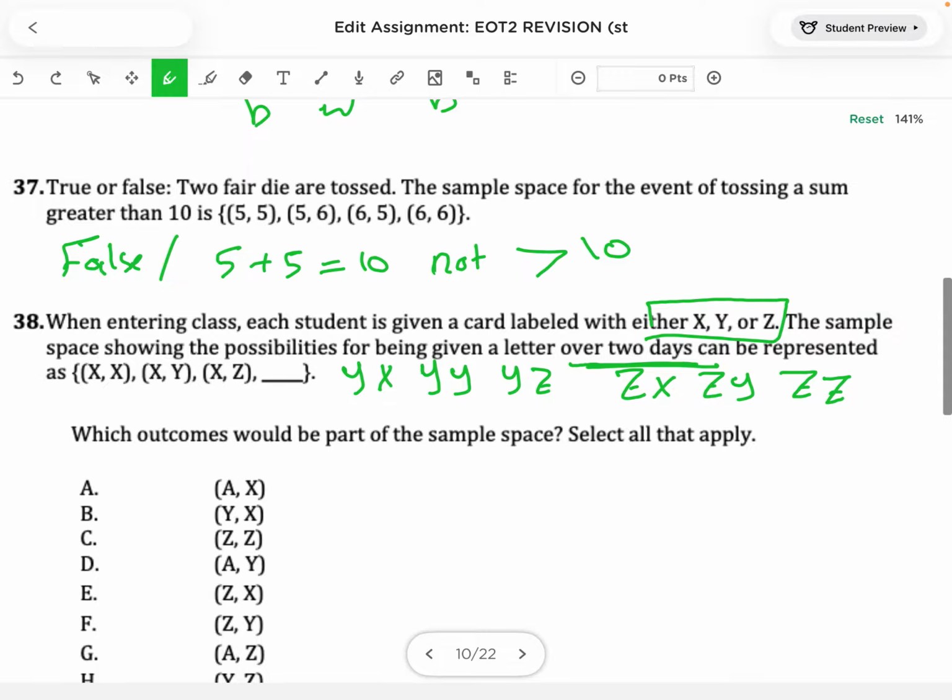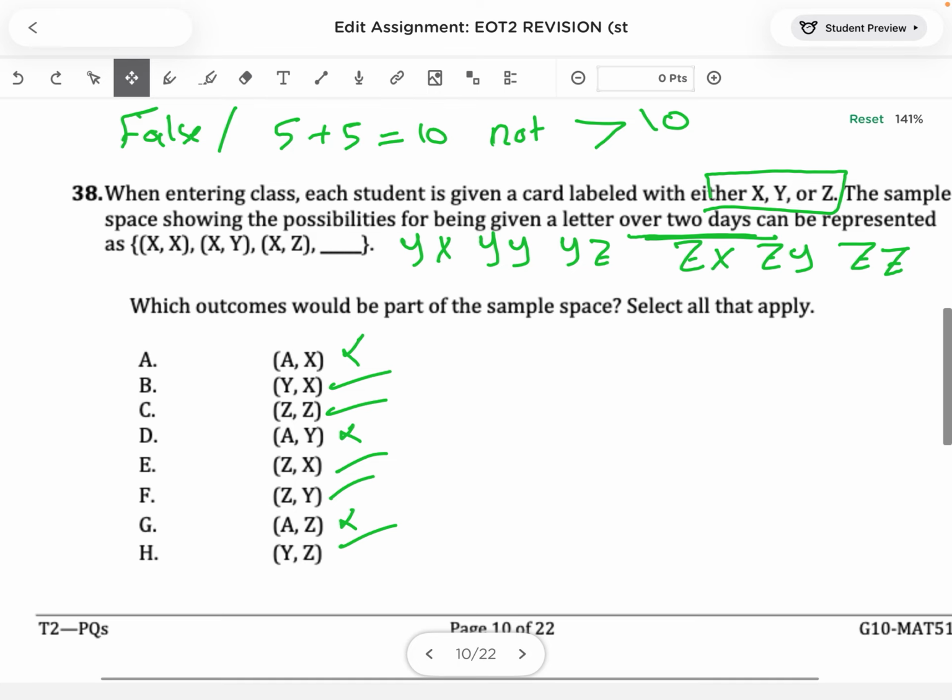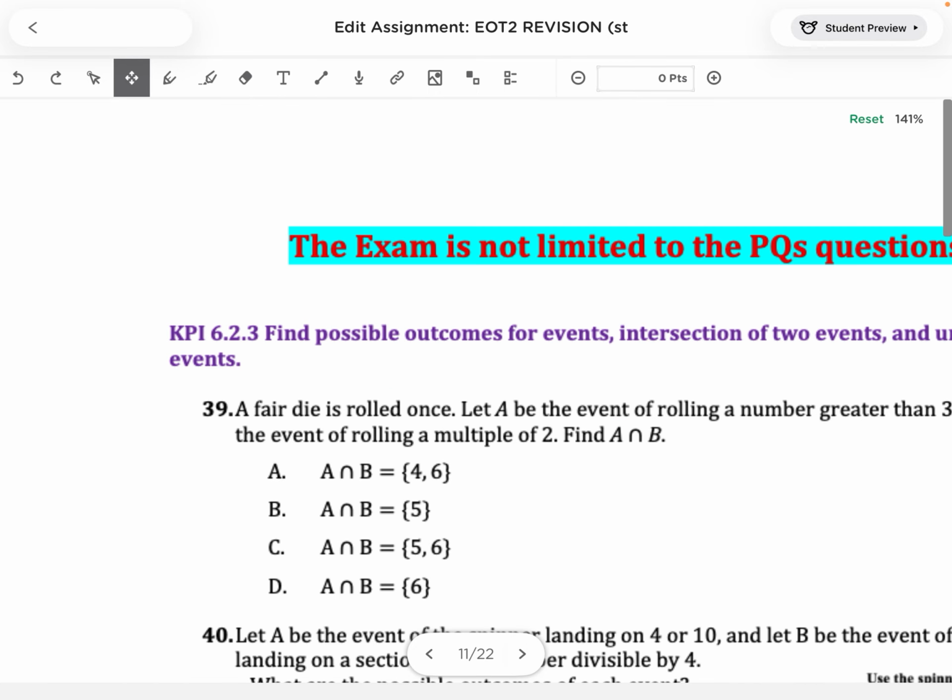Which outcomes would be a sample space? The first one is not correct because I don't have A. Correct, correct, not correct, okay, okay, not correct, and okay. So whenever we have A, it's not a part of our sample space. Next question.